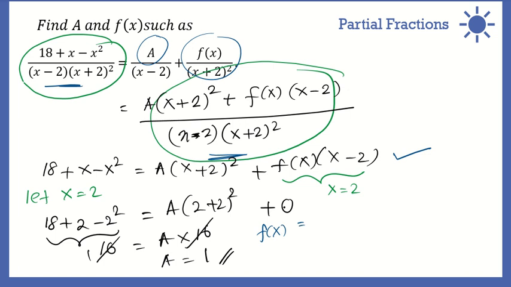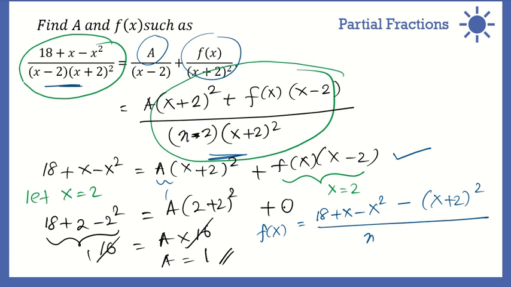So f(x) equals 18 plus x minus x squared minus A, which is 1 now, times x plus 2 squared, over, we divide by x minus 2. Then you will have f(x).